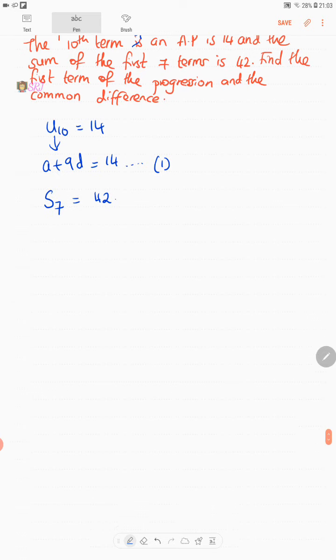S7 is 7 over 2 times (2a plus (n minus 1)d). Here n is 7, n minus 1 becomes 6, times d, and this is equal to 42. We can write it as 14a plus 42d is equal to 84.